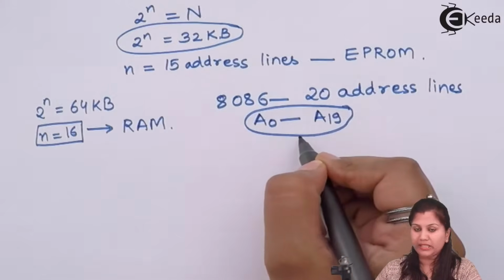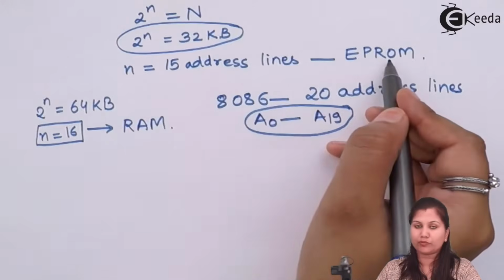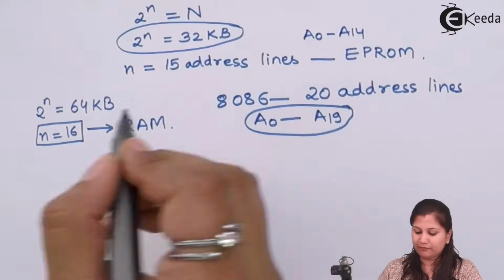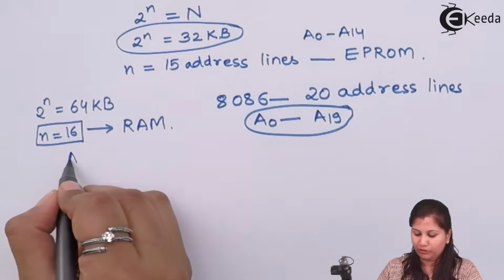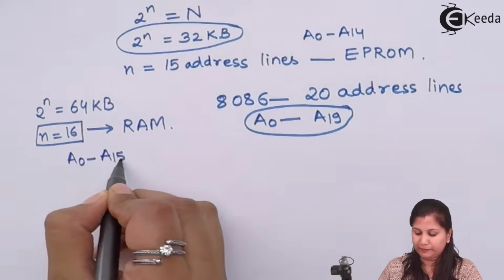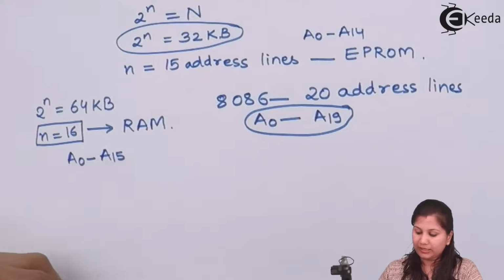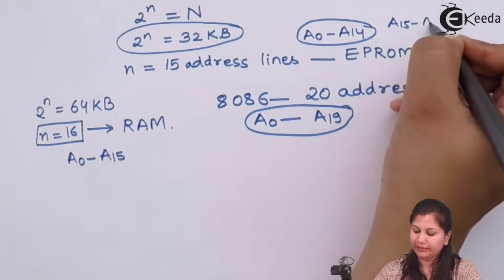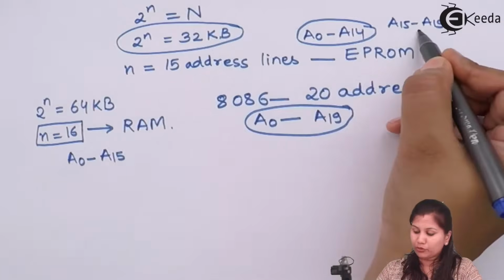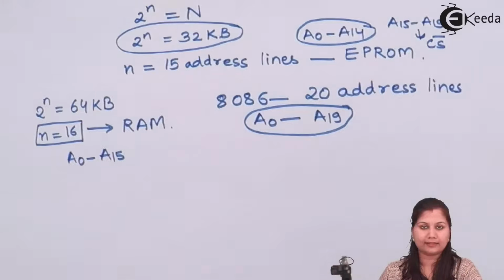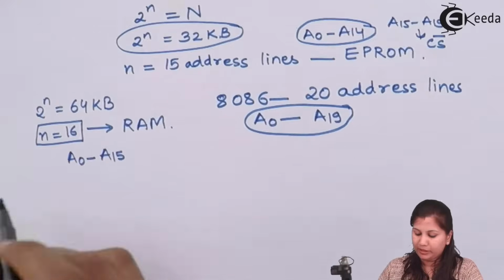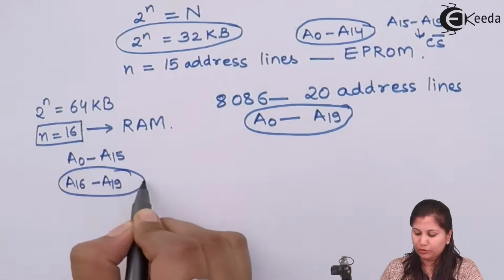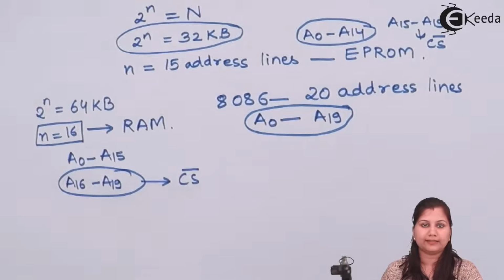Out of these 20 address lines, 15 will be used for ROM, that is A0 to A14, and 16 will be used for RAM, that is A0 to A15. The remaining address lines, in the case of ROM, are A15 to A19, and they will be used to form the chip select signal. In the case of RAM, the remaining are A16 to A19, and they will also be used to form the chip select signal.